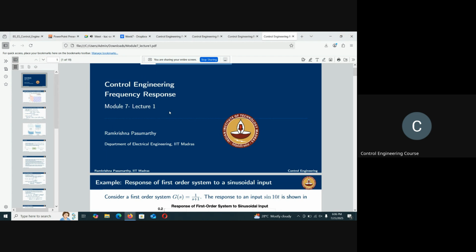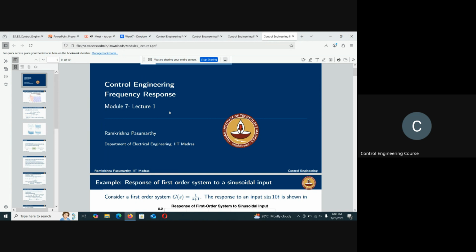Yes, sir. So in week 7, the topic is called frequency response. We are starting a new topic today. In this week, what we are going to be asking is this question: if I give the system a sinusoidal input and observe the steady state response, what will happen to it?